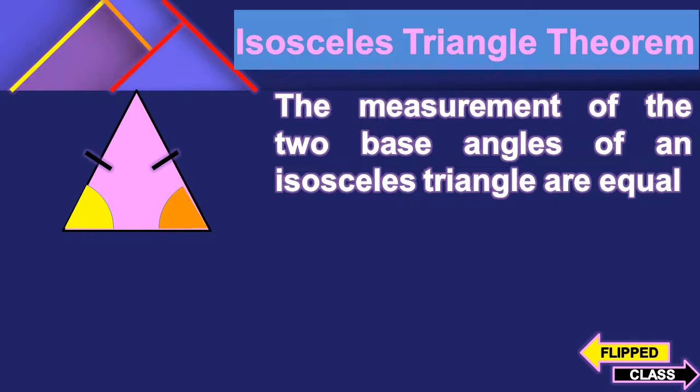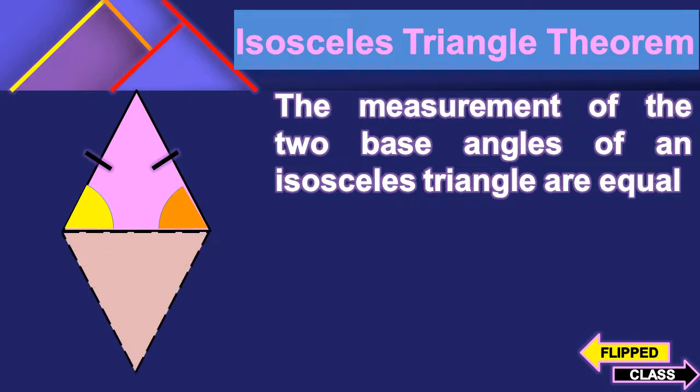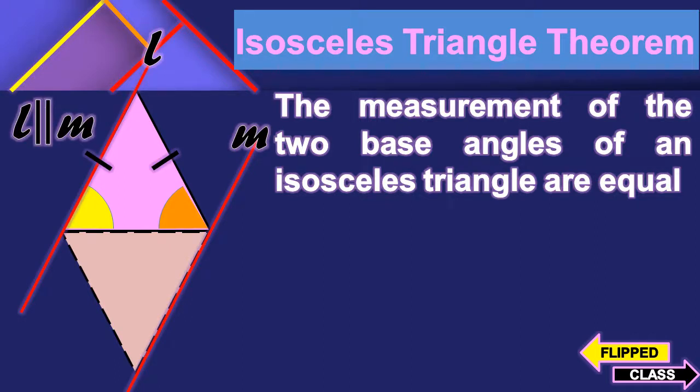We prove this by drawing a reflection of this triangle at the bottom and adding two lines, just like this one, line L and line M. And we need to assume that line L is parallel to line M. If this is true, this yellow colored angle is also the alternate interior angle of the first given yellow angle. In short, they are equal.